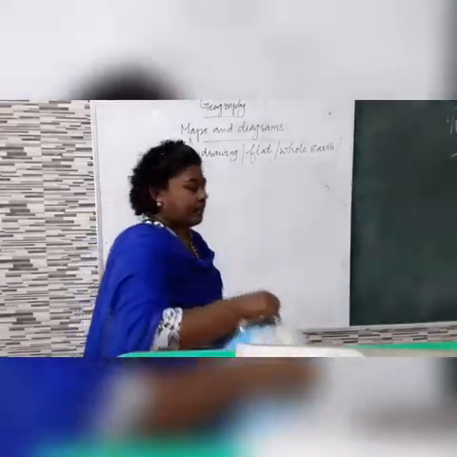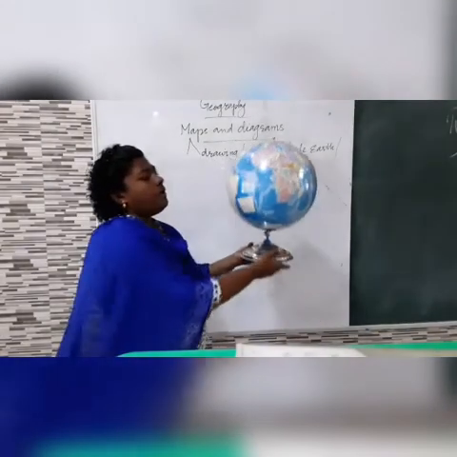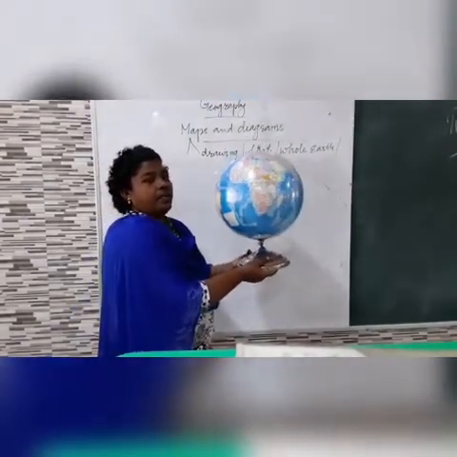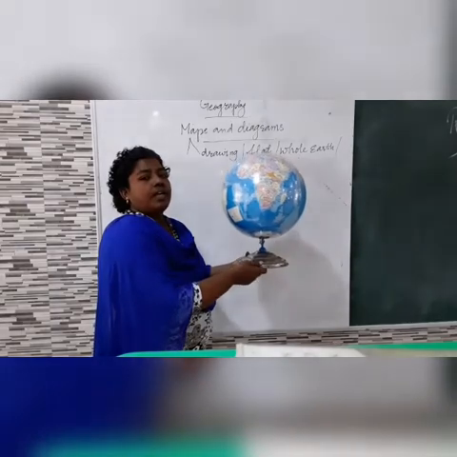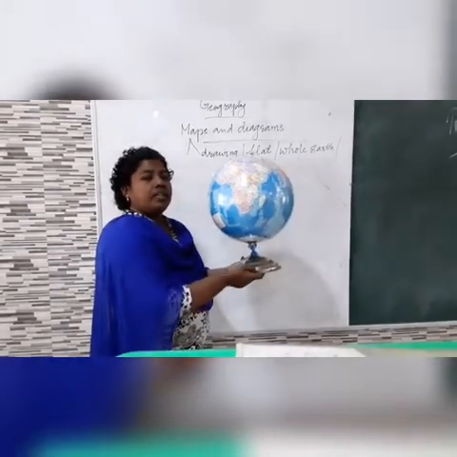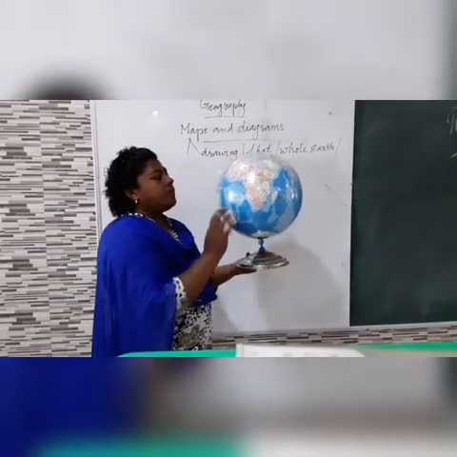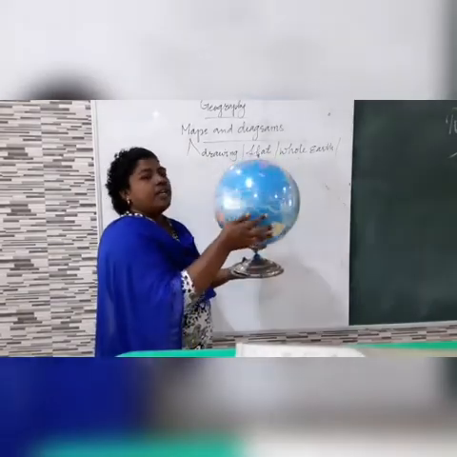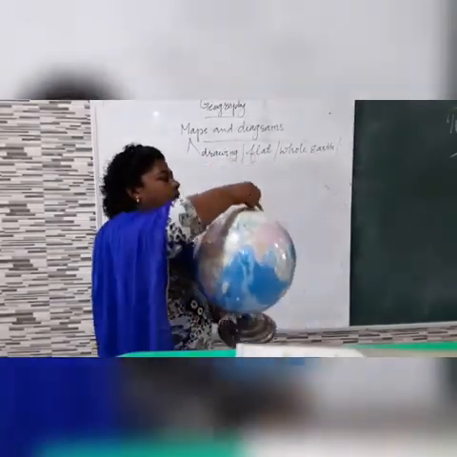Did you understand, children? Now, since the globe is spherical in shape, it is a miniature model of the earth. What's the shape of the earth? The shape of the earth is spherical. So it is the miniature model, the small model of the earth.